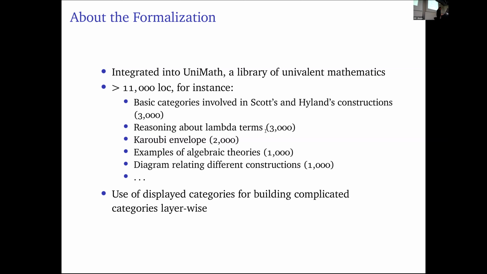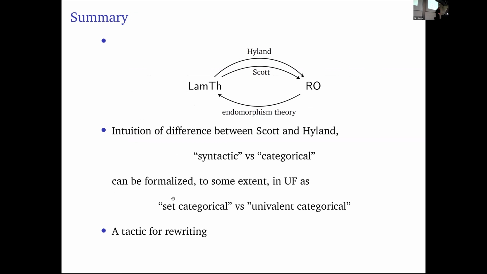And since we do build a bunch of complicated categories, we use the technology of displayed categories to build up these categories in small layers. Okay, and so as a summary, this is what we have formalized, this picture.